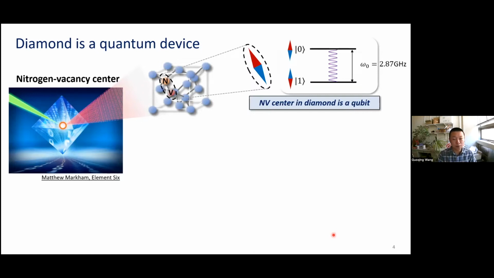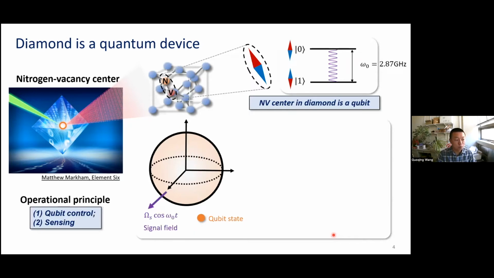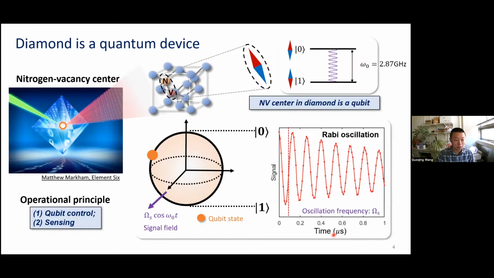So the basic principle of our quantum sensing and simulation application is based on this so-called Rabi oscillation. When we apply an external magnetic field, which has a frequency on resonance with your two-level system frequency, such a field will drive oscillation of your quantum state, which can be measured as here. So this oscillation is called Rabi oscillation.